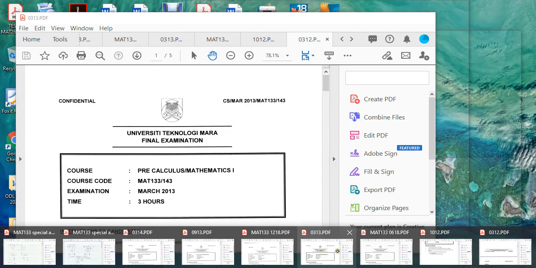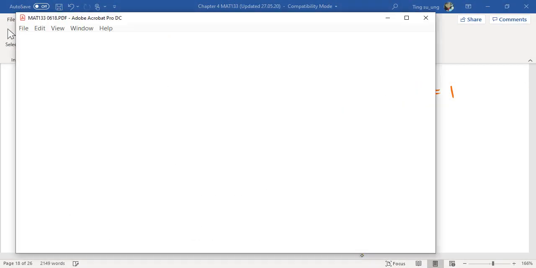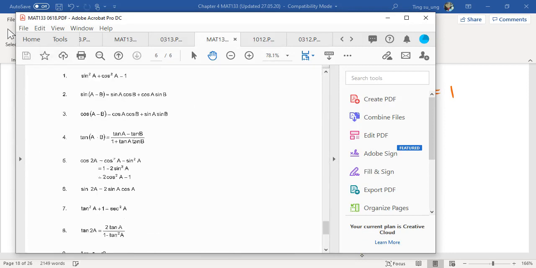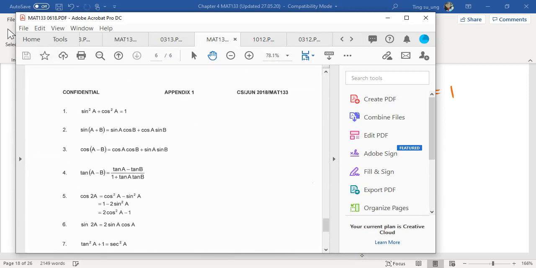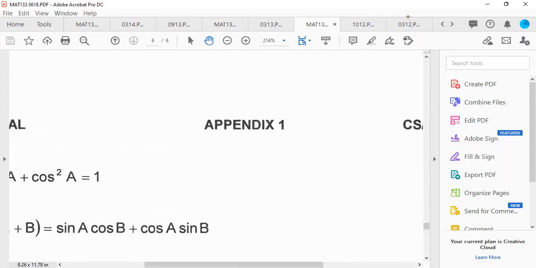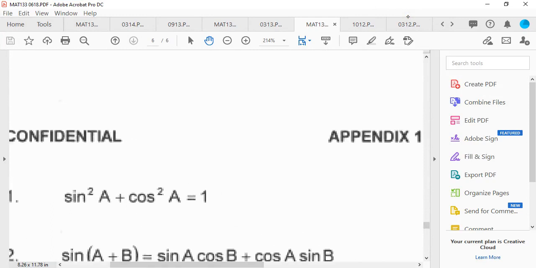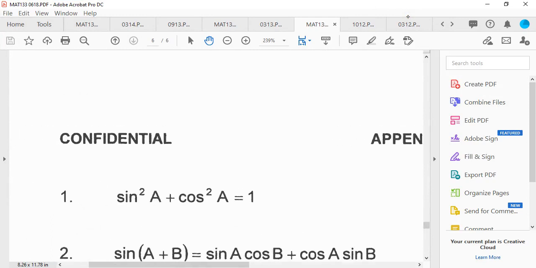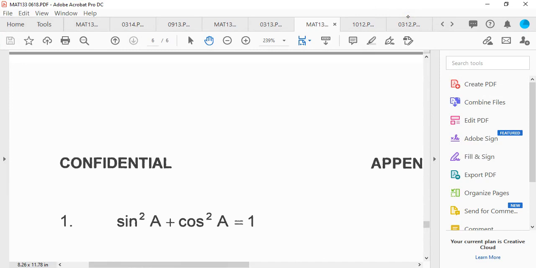The questions are also provided to you. Just turn to any past year paper. The first one is already provided to you. You actually no need to remember; you just need to identify and use it.